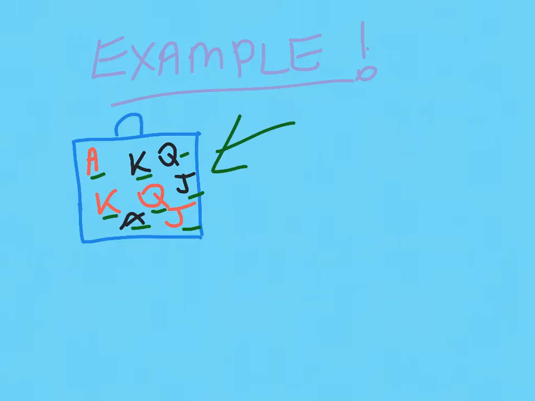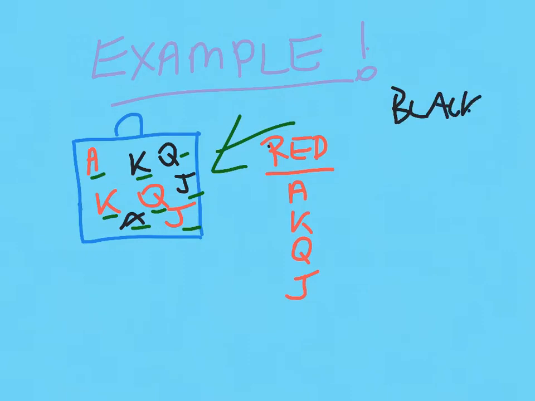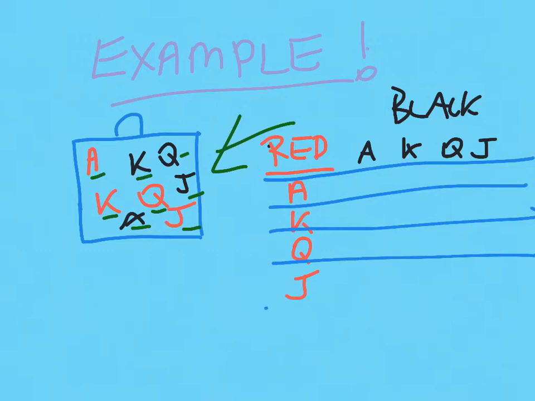So what we could have here is, let me say, this is the red: ace, king, queen, jack. And let's say up here is our black ones: ace, king, queen, jack. Now, just draw some lines.